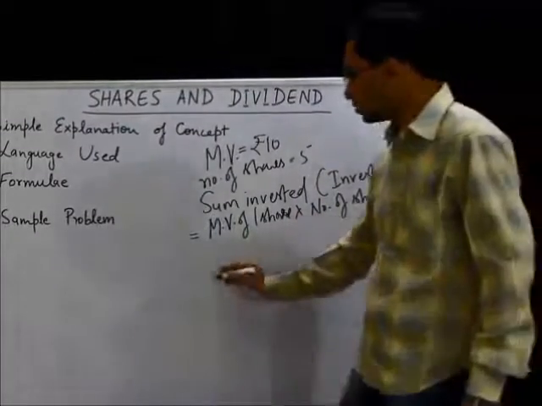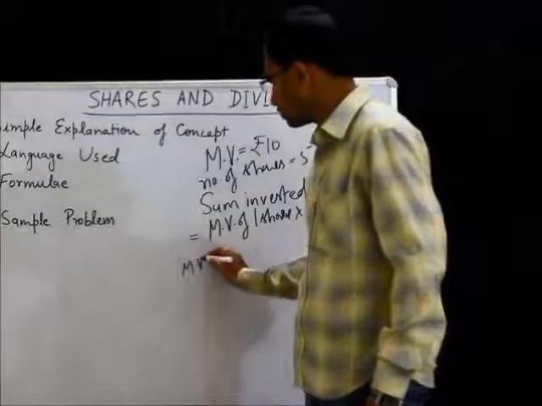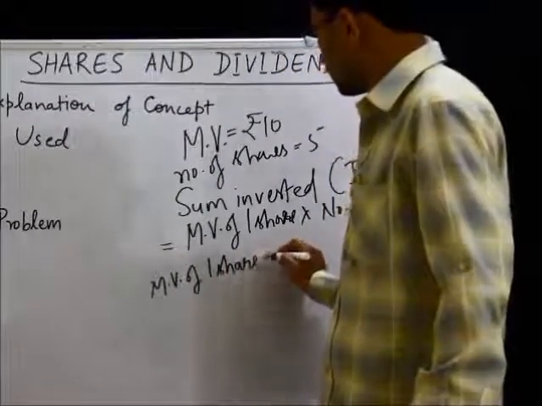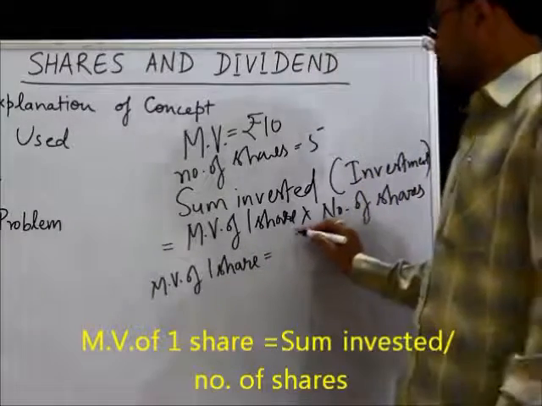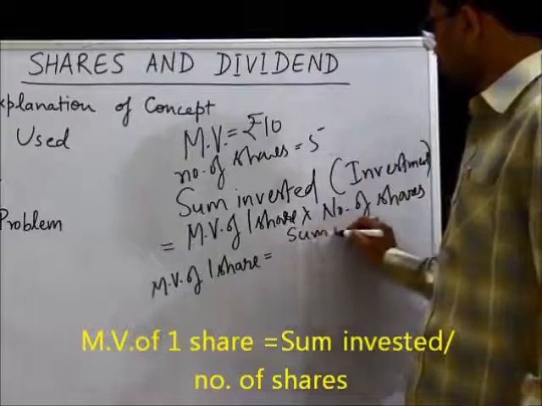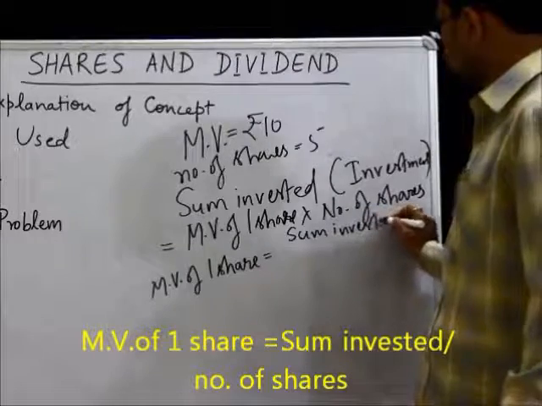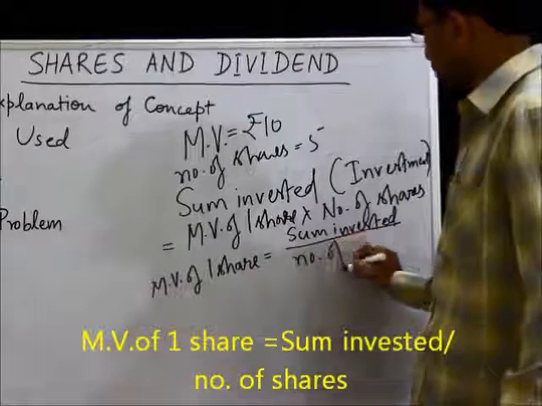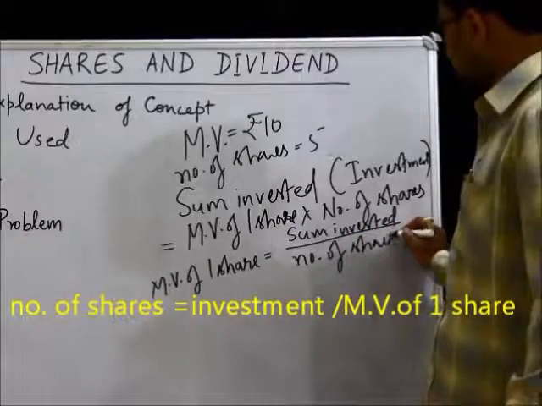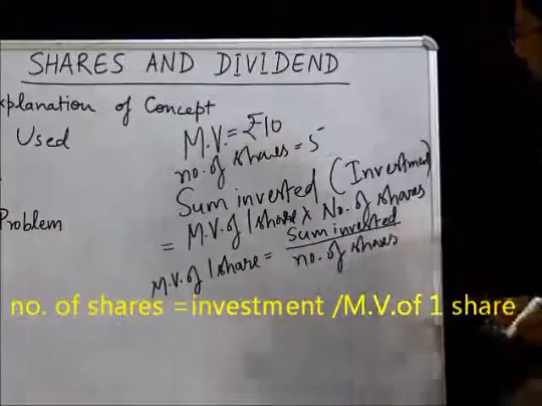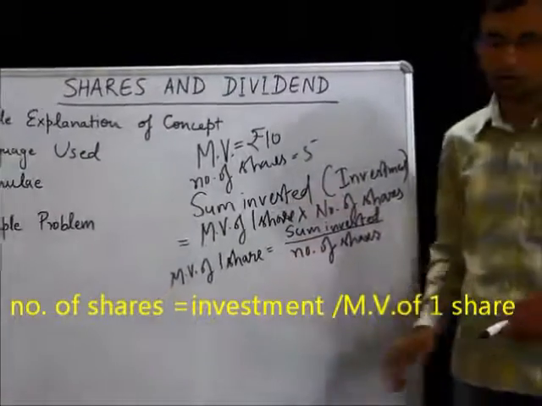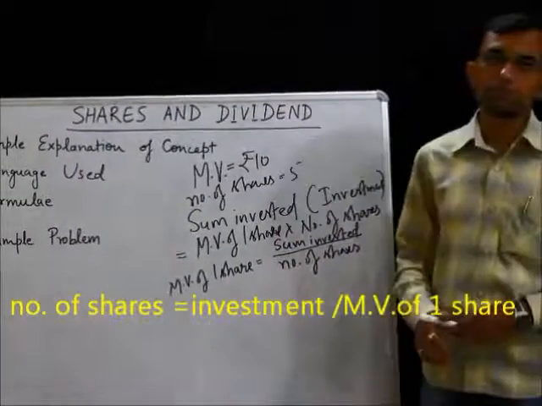We can say like this also, that market value of one share is nothing but sum invested or the investment upon number of shares. If I want number of shares, I can again write the same formula in a different form. I can say that number of shares will be nothing but sum invested upon market value of one share.